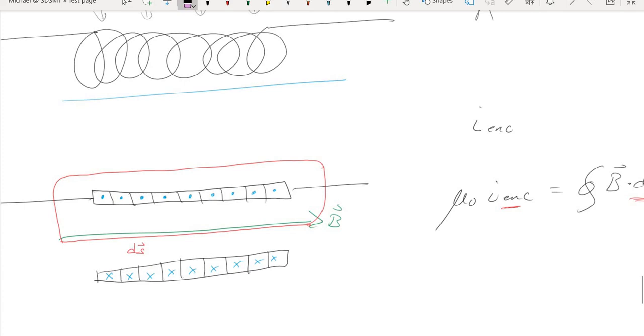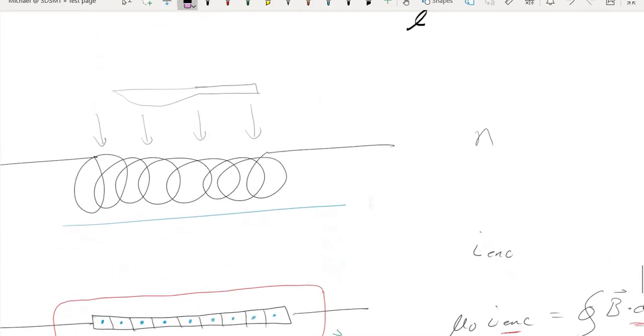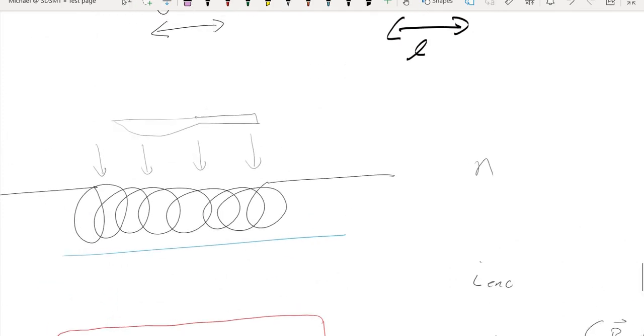But this will actually work. I've enclosed, in this case, 9 cross sections of current. So this would imply that the number of turns associated with this particular coil is 9, but again, we're going to keep this in a general form.